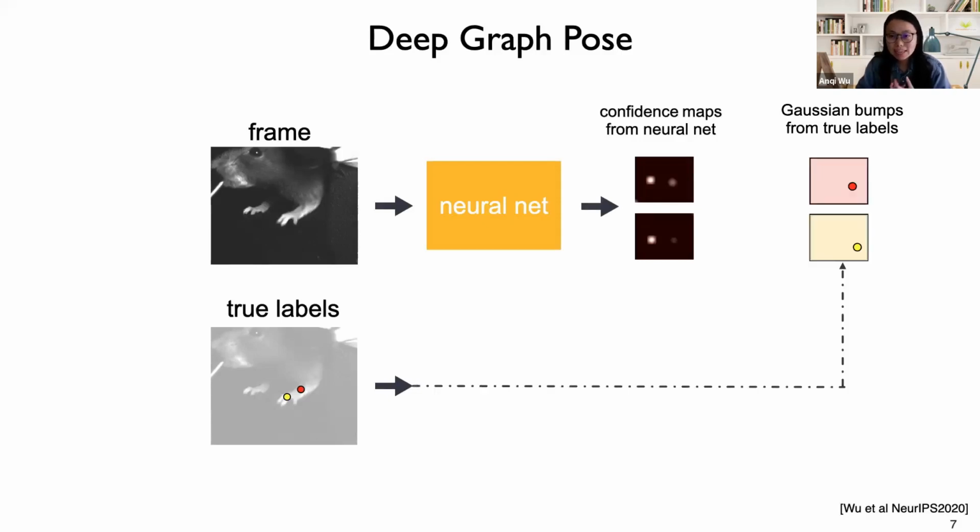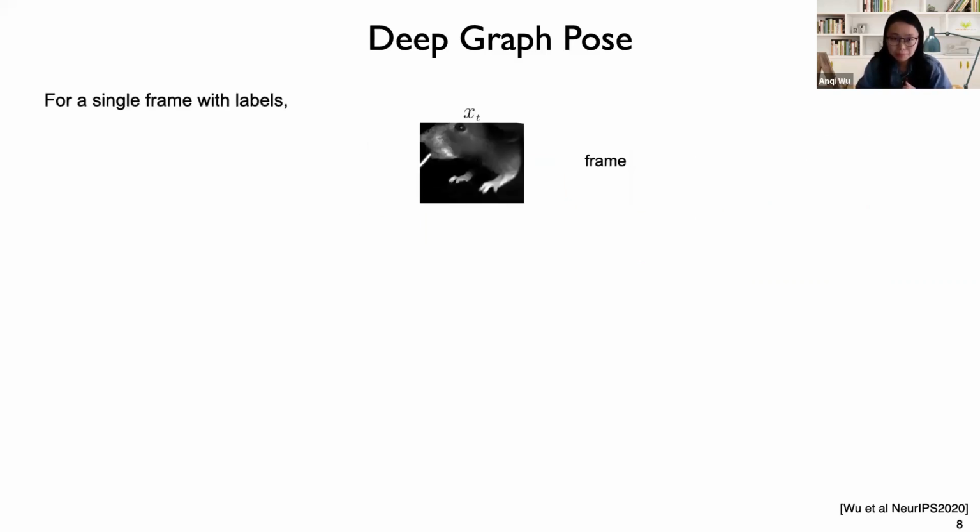Moreover, given the true labels, we can construct Gaussian bumps for each label with the peaks at the true locations. The loss function is constructed to match the output confidence maps to the Gaussian bumps.